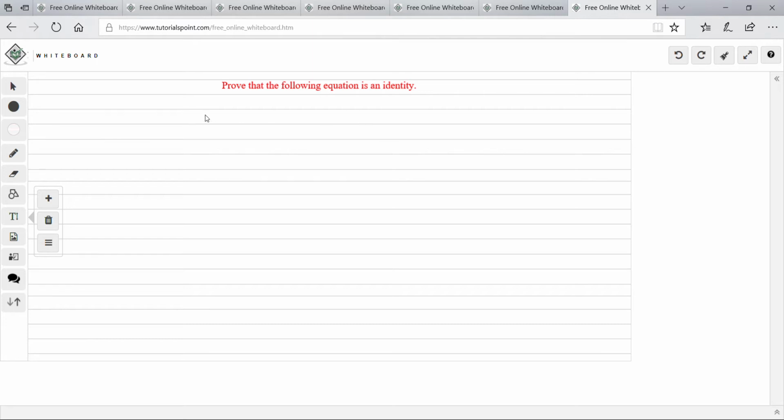So we are given sine of 3x equals sine x times this whole thing, 3.